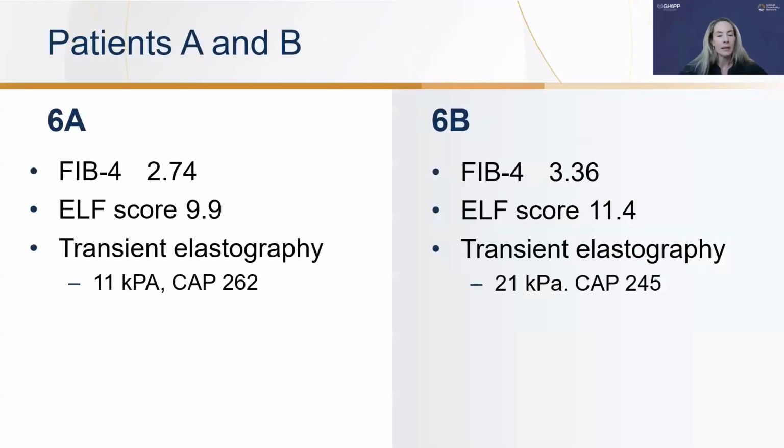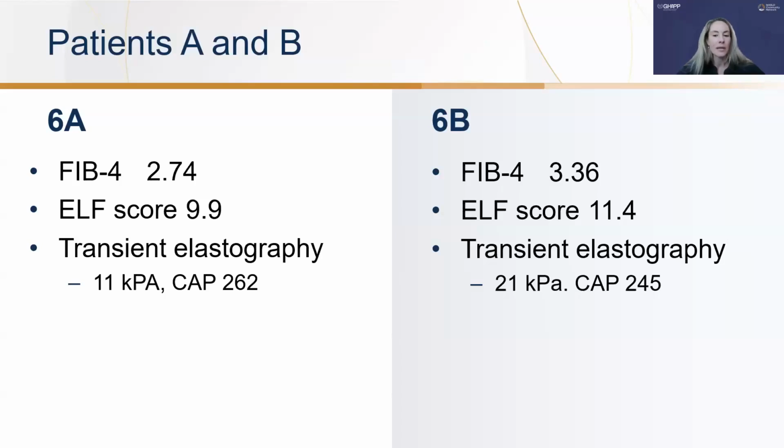Okay, so again, just comparing this identical patient presentation, but with different NITs. Fib4 was in that indeterminate range in the first case versus in that real high risk range in the second patient. With both, we went on to do secondary testing with a FibroScan.